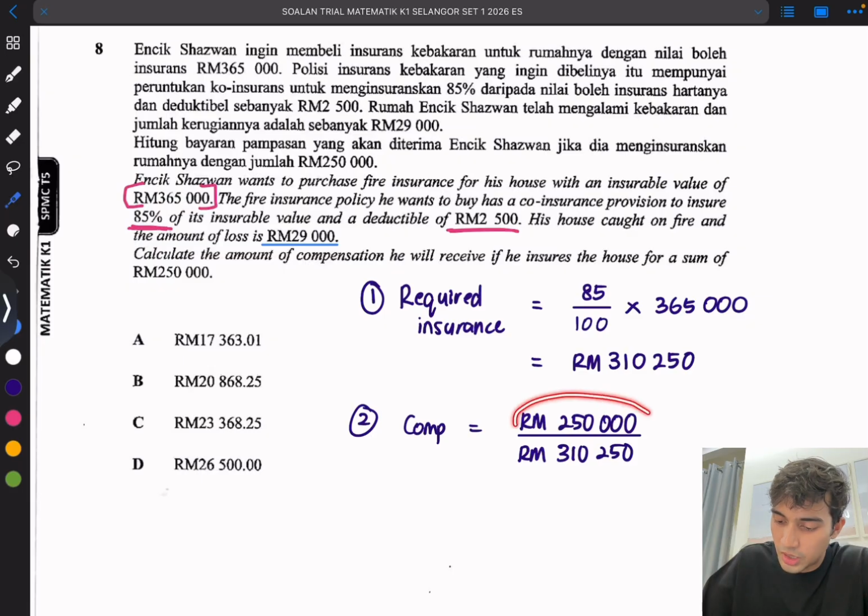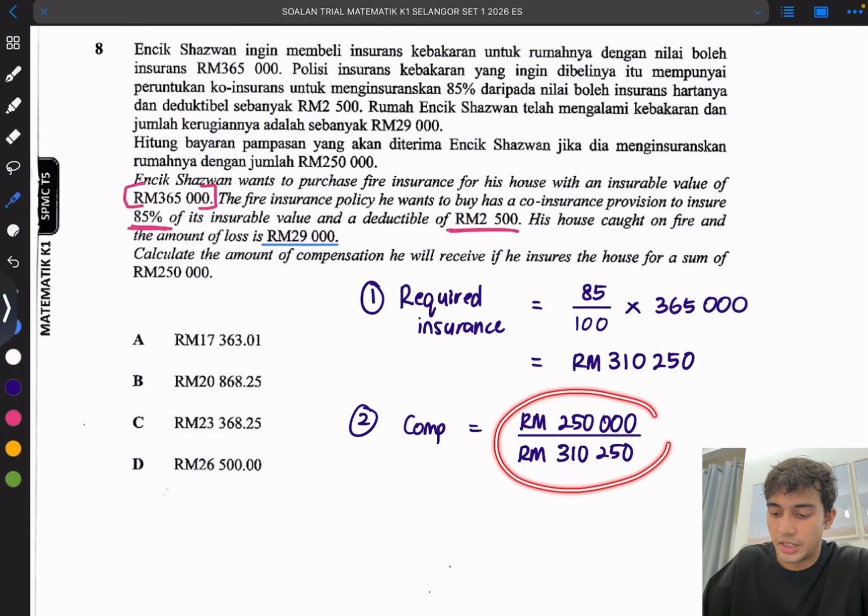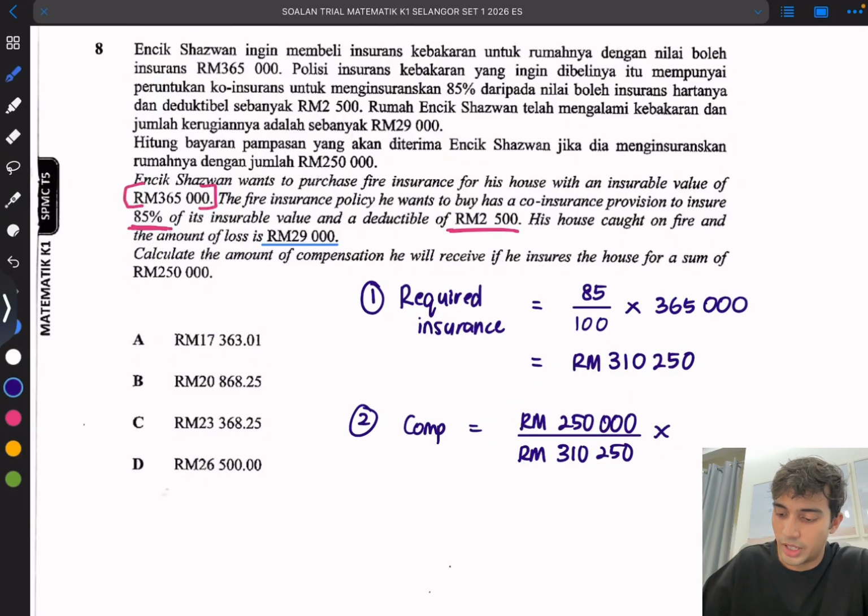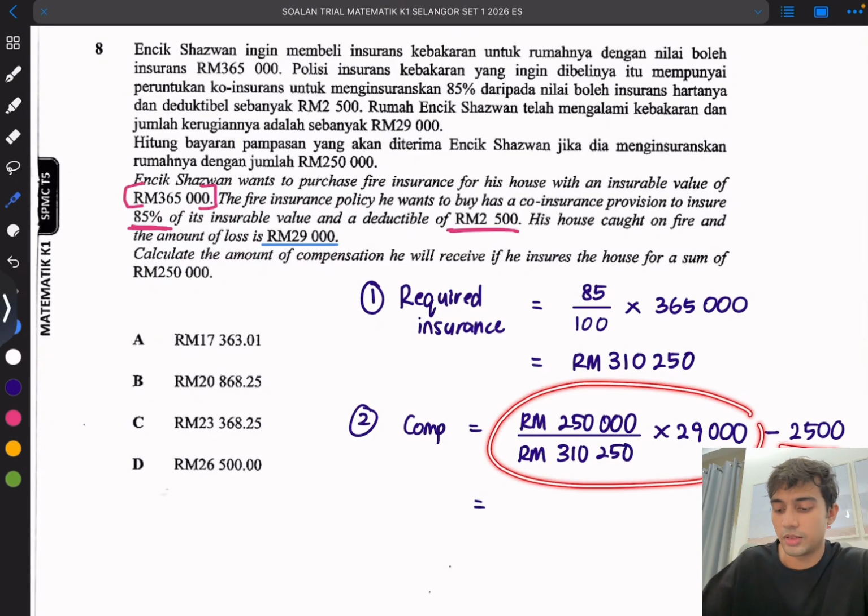Okay, he insured his house for this much, but he's supposed to insure for this much. So during a damage, he will get this fraction only lah of the damage. But don't forget, he has to pay the deductible first. So minus 2,500. So you have to pay the deductible to even claim the insurance. So this one he has to pay.